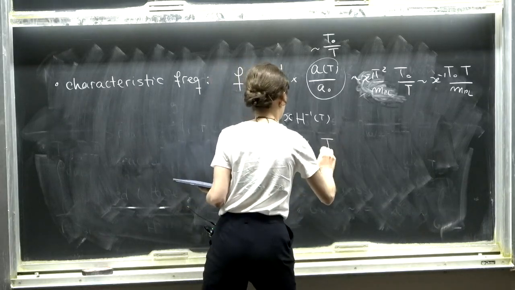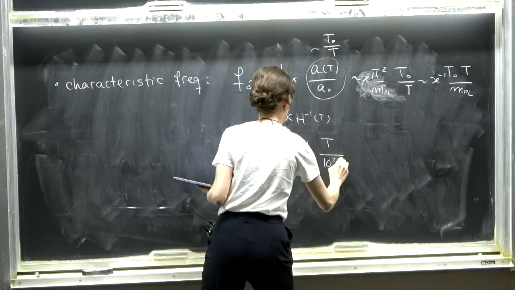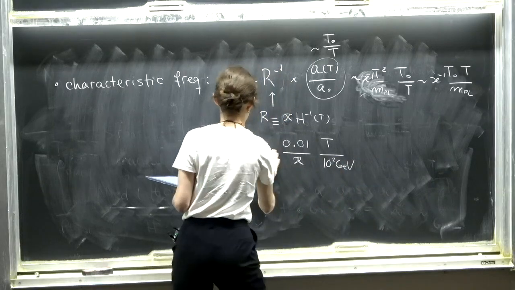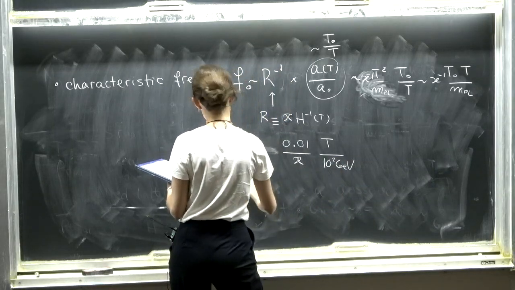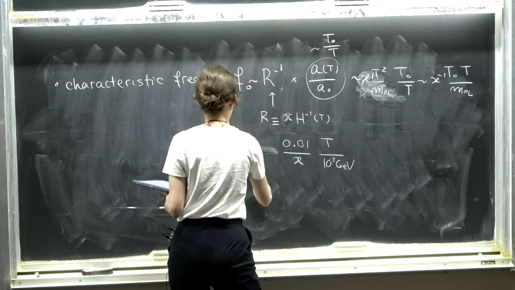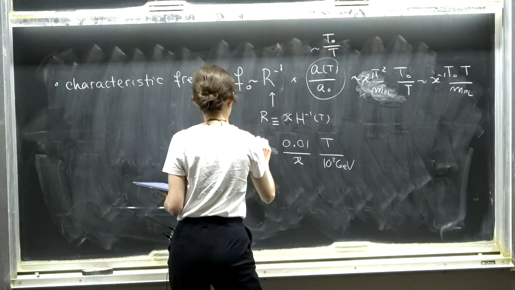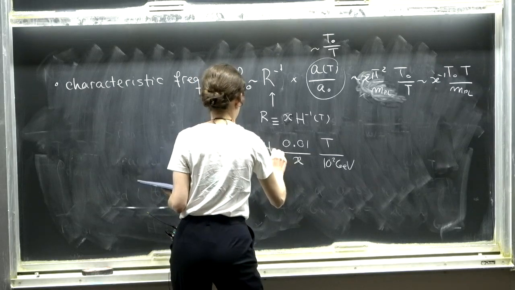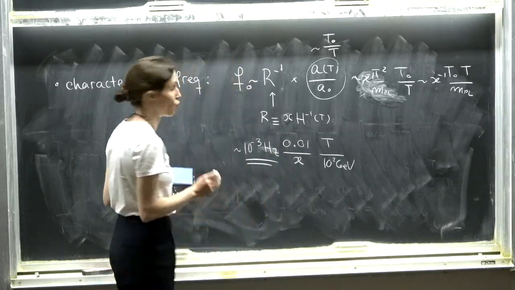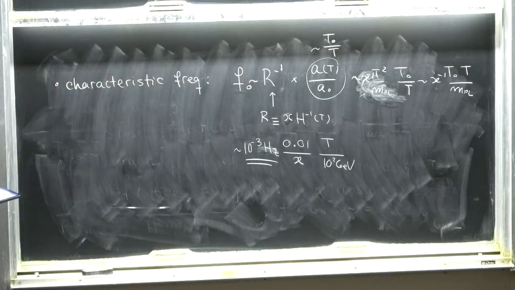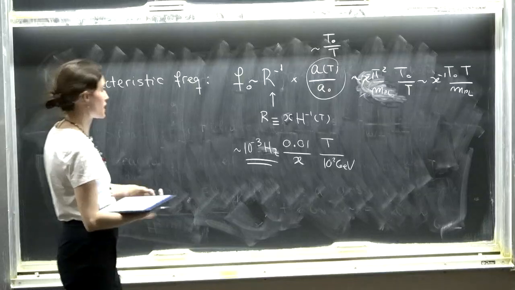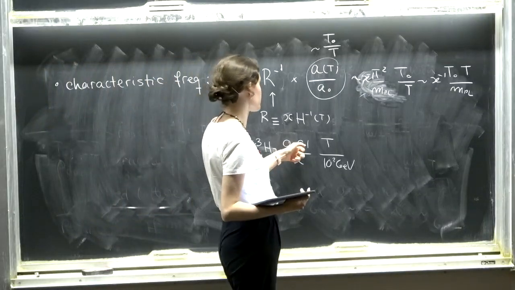And let's normalize this to like 10 to the 2 GeV, which is the scale relevant for the electroweak scale. So the numbers here come out to be for this about 1 millihertz. Okay. So this x to be order 0.01.